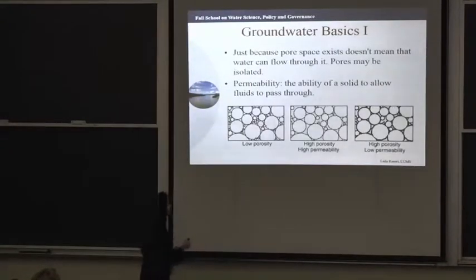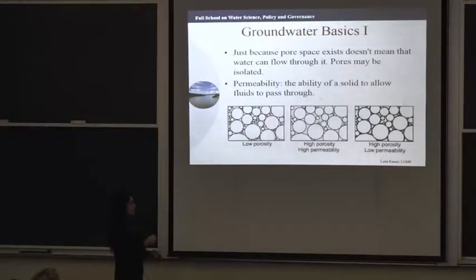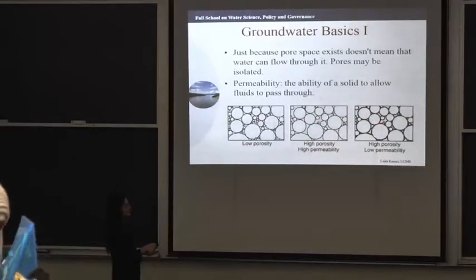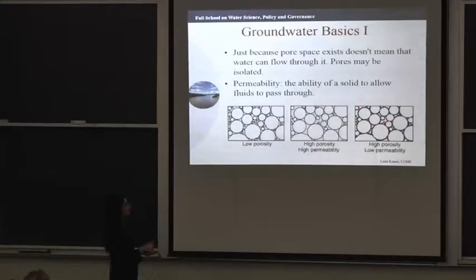So this is low porosity because it's a mixed sediment. You have big particles and the smaller spaces are filled. This is highly porous. There's a lot of space because it's less mixed, with fewer particles in between. And permeability is lacking when the spaces are not even connected.